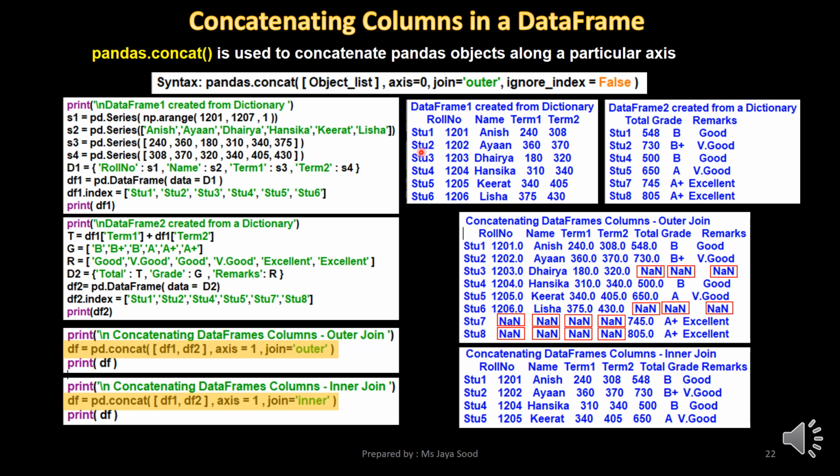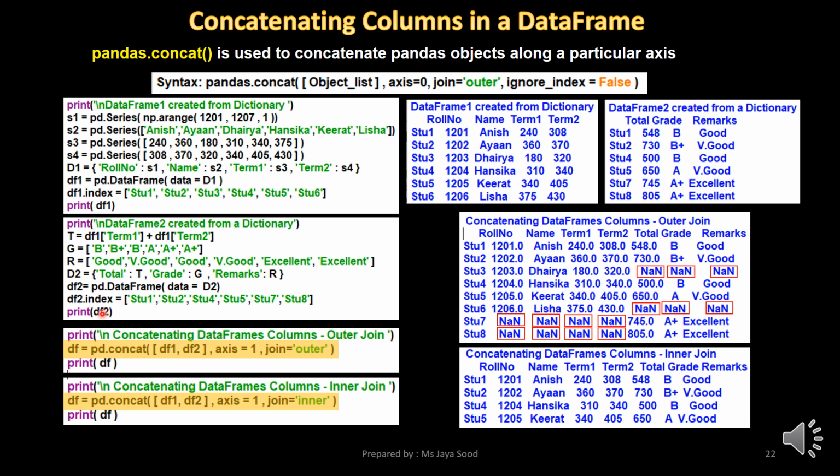The indexes stu3 and stu6, which are not present in the other data frame, will have the value NaN for the columns total, grade and remarks of data frame 2. Also, the indexes stu7 and stu8, which are not present in the first data frame, will have the value NaN for the roll number, name, term 1 and term 2 columns of data frame 1.